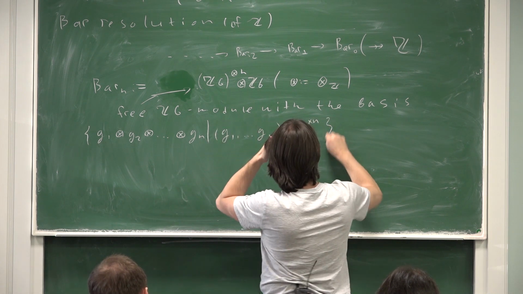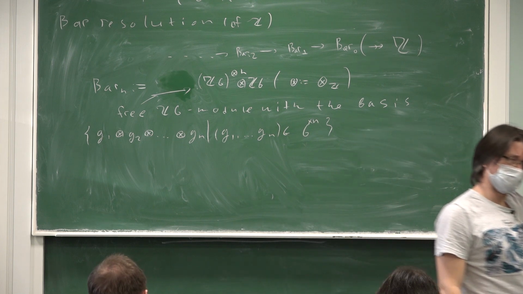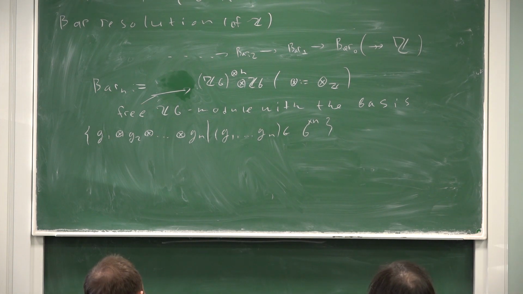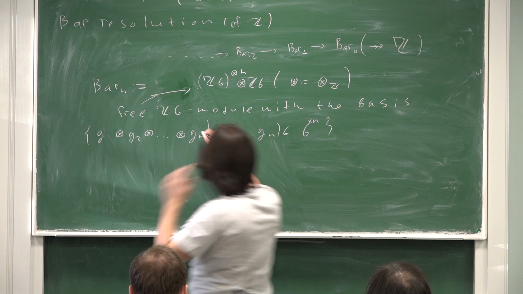Is there like a tensor 1? Then this thing has n things G1 through Gn, and we have like n plus 1 tensor product there. What I have there is Z of G n times and Z of G one more time. Yes, one more time. And here we have only n things. Sorry, tensor 1.